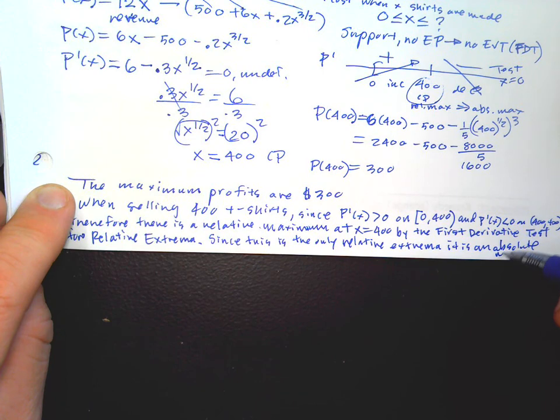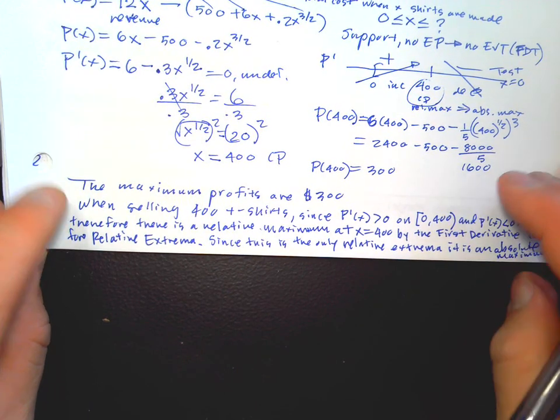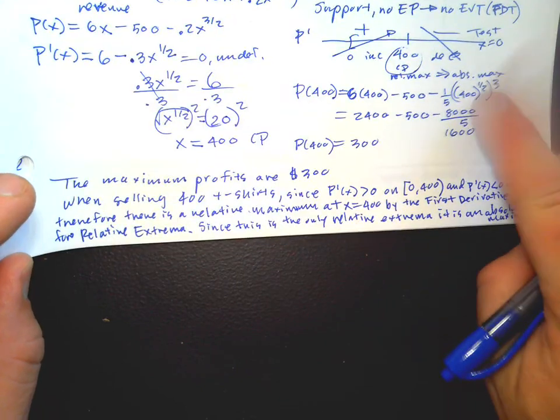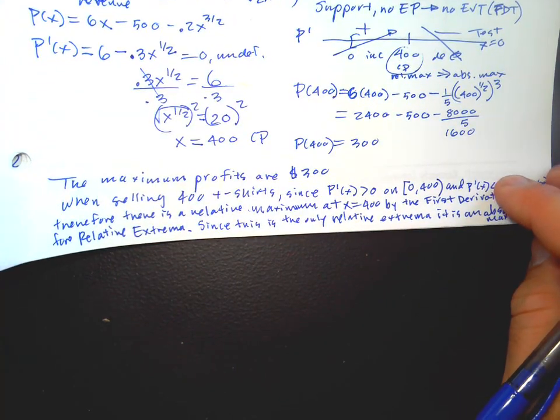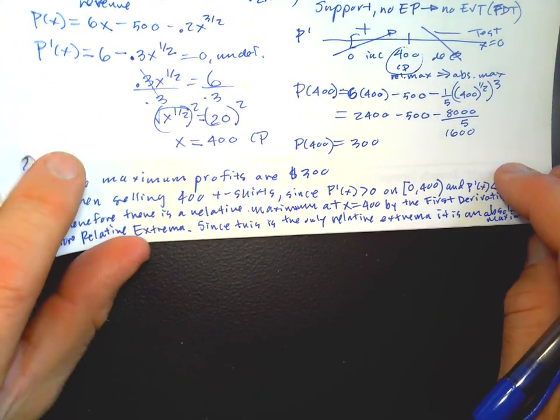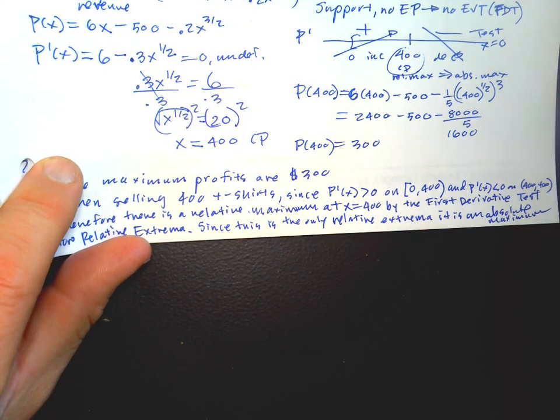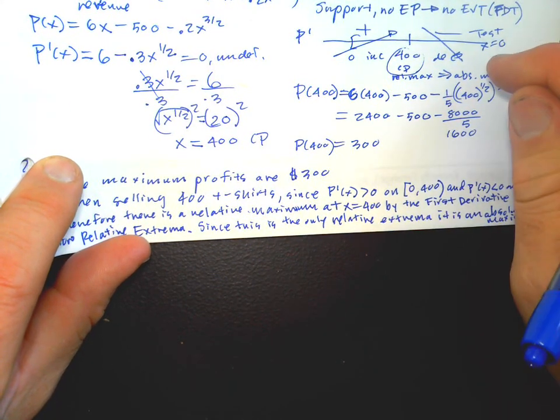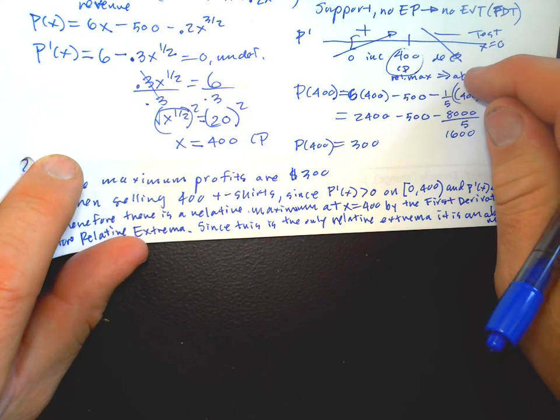So this would be sort of the justification if you're not going to use EVT. If you're going to do FDT, I've been kind of avoiding this, but you're going to justify first that it's a relative maximum, then you got to justify why it's special and it's an absolute maximum.